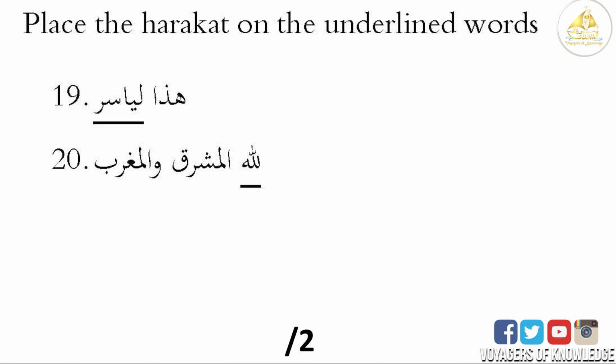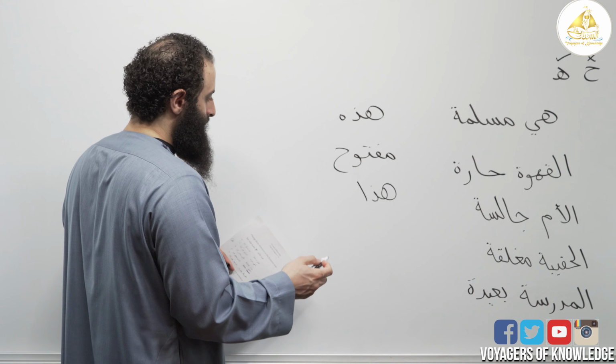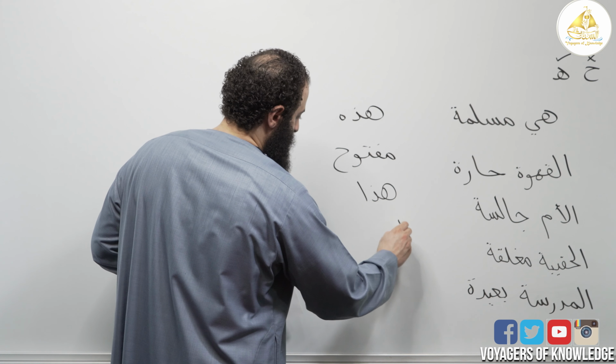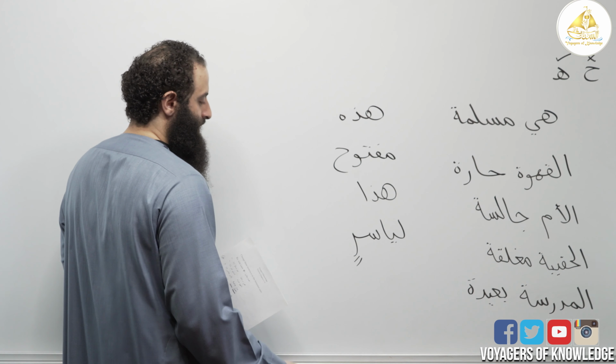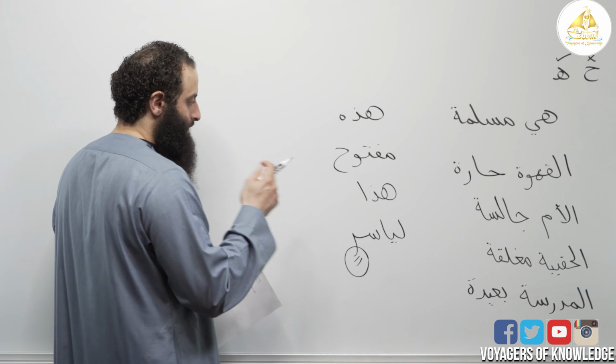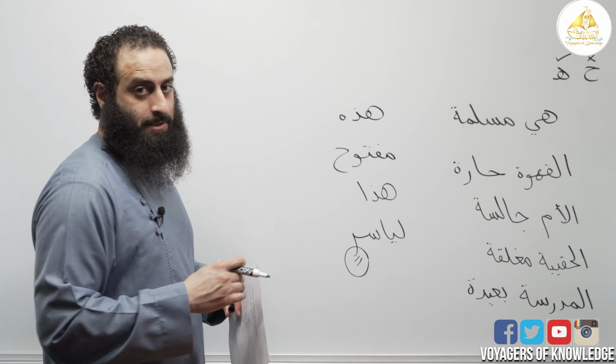Last, it says place the haraka on the underlined words. And we have the word هذا. This is number 19. لياسر. You should place the haraka لياسرٍ. If you miss this, you don't miss half. You miss the entire question.